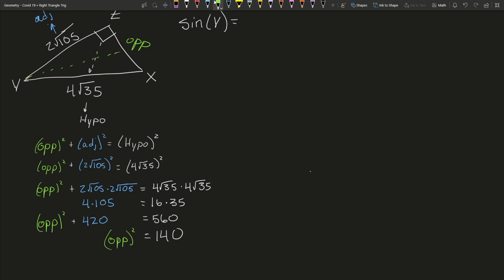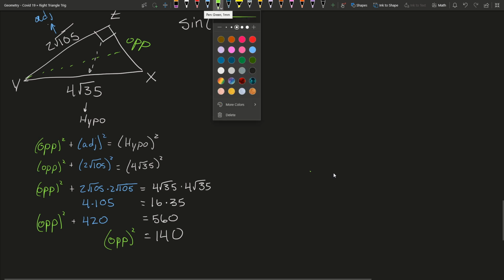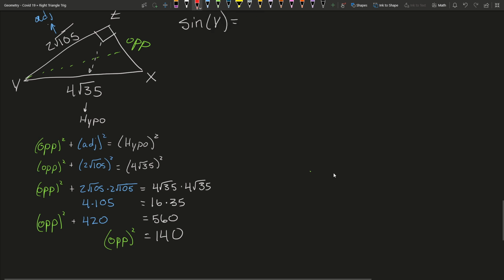We need to take the square root of both sides. That cancels out this squared. And we have the square root of 140, which we need to simplify. All right, so again, I'm just going to do 2's.